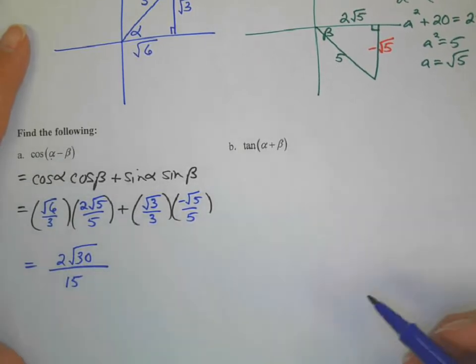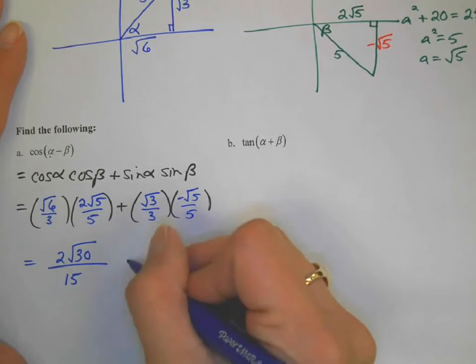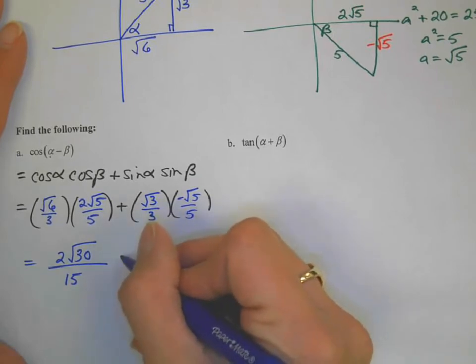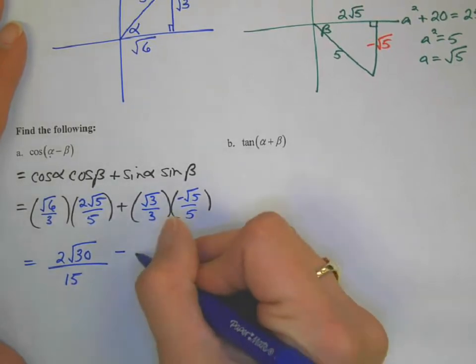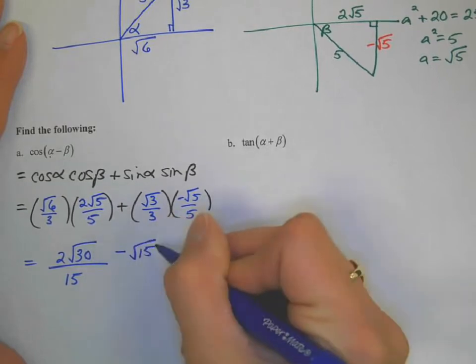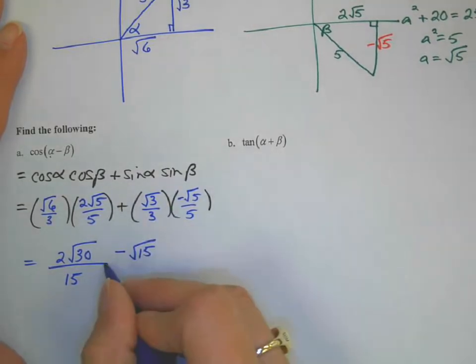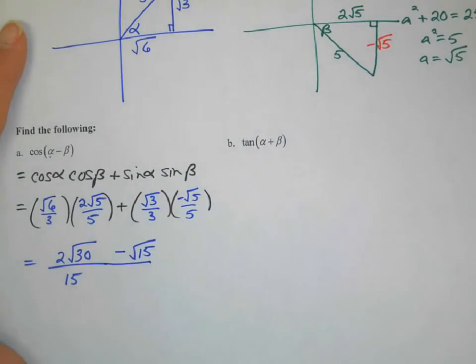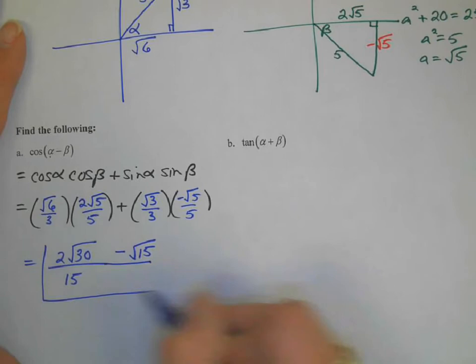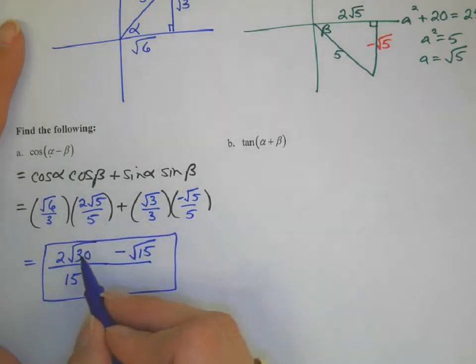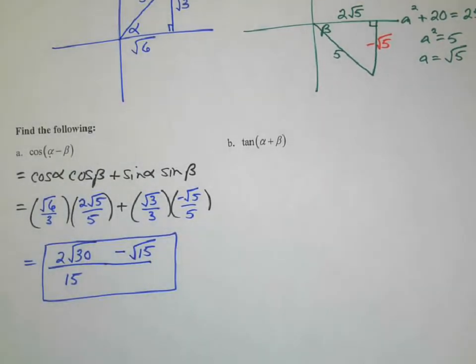Yes, you have to simplify the radicals if you can. Here, I'm going to say minus radical 15. Oh, and the common denominator is 15, so we'll go like that. Can those radicals get combined? No, they're not like radicals. Only radical 15s can get combined with radical 15s.